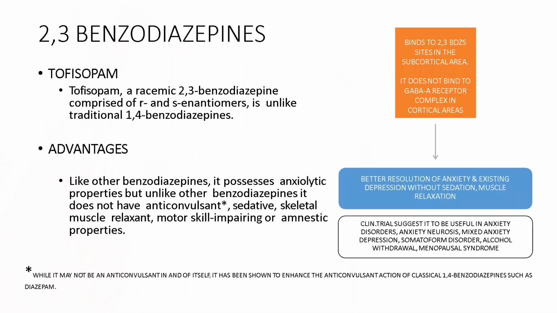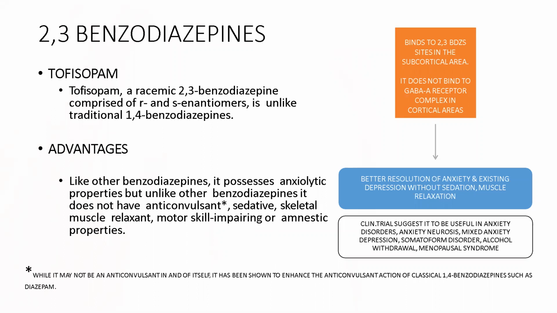And the 2,3 benzodiazepines are also there. The classification is based on which subtype the benzodiazepine binds to in the brain. The drug here is tofisopam. It's a racemic mixture of 2,3 benzodiazepine, comprising R and S enantiomers, unlike the traditional 1,4 benzodiazepines.